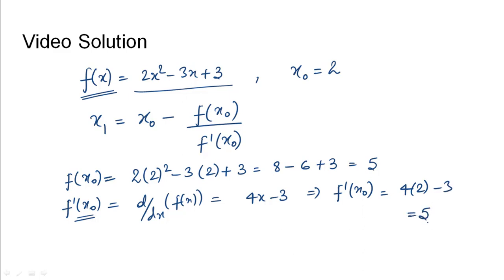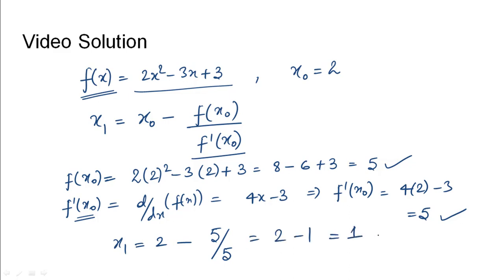This would give the value as 5. So x1 can be found as x naught, which is 2, minus f of x naught, that was found as 5 here, divided by f dash of x naught, that was found as 5 here. So it will be 2 minus 1, which would give the first iteration estimate as 1.